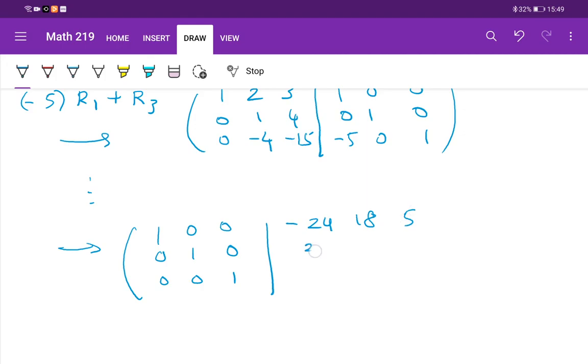You can check this. The method tells us that this matrix here is precisely A inverse, the inverse of the matrix we've been looking for. Okay, I'll stop for today here.